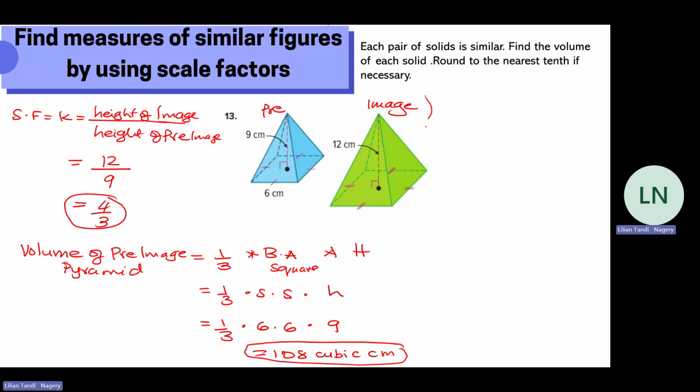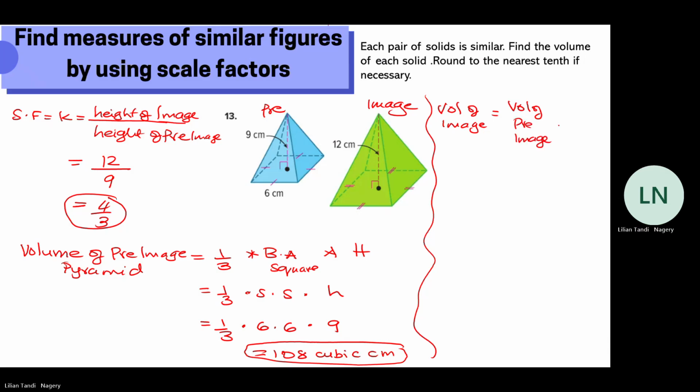Okay. Now I want to find volume of image. Volume of image equals volume of pre-image multiplied by scale factor cubed because of volume. So we cube. If it is area, you square. Volume of pre-image we calculated over here, which is 108.